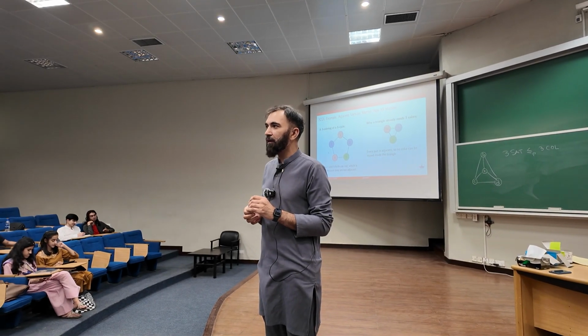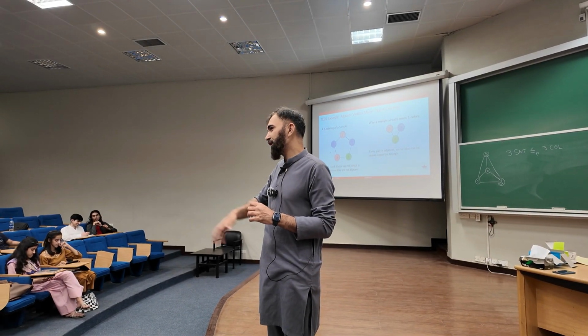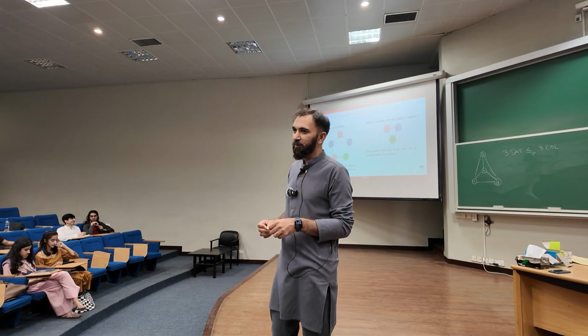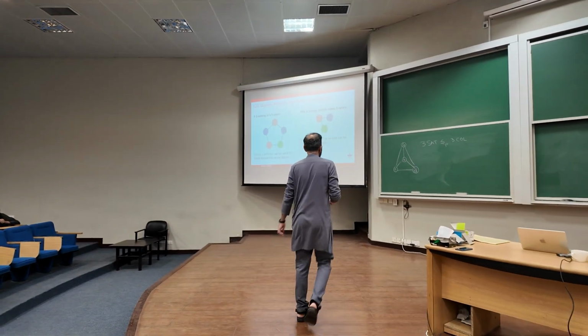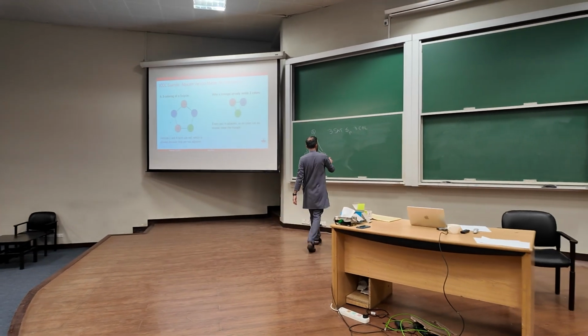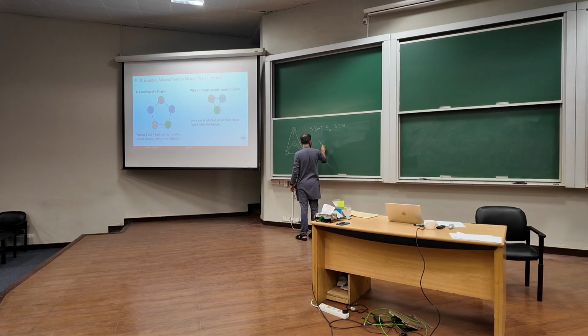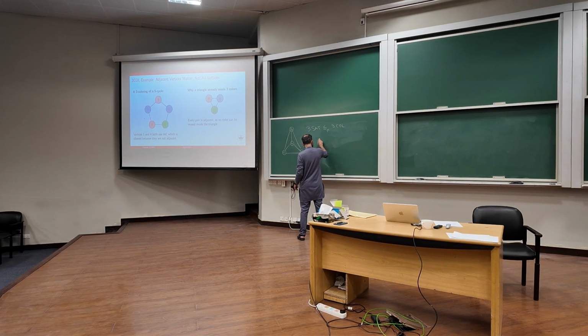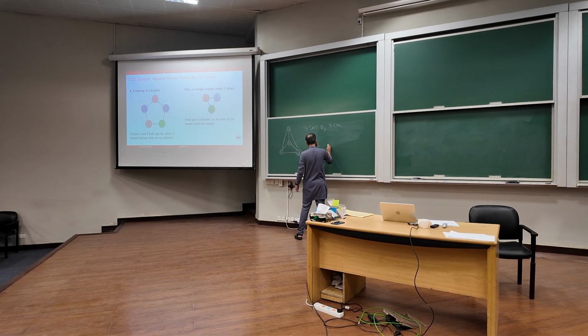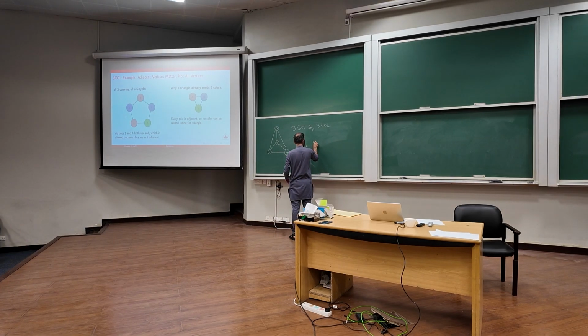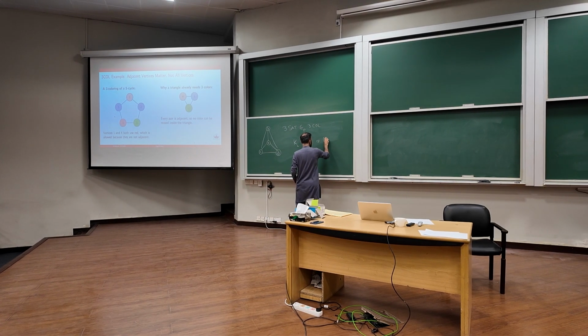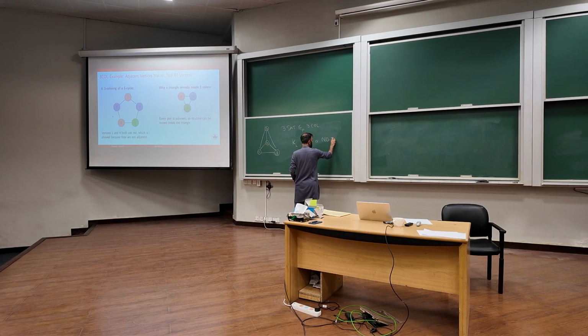If the graph is fully connected and the number of nodes is more than 3, then definitely it's not 3-colorable. Any capital K, small k, where K is more than 3 is a no instance.